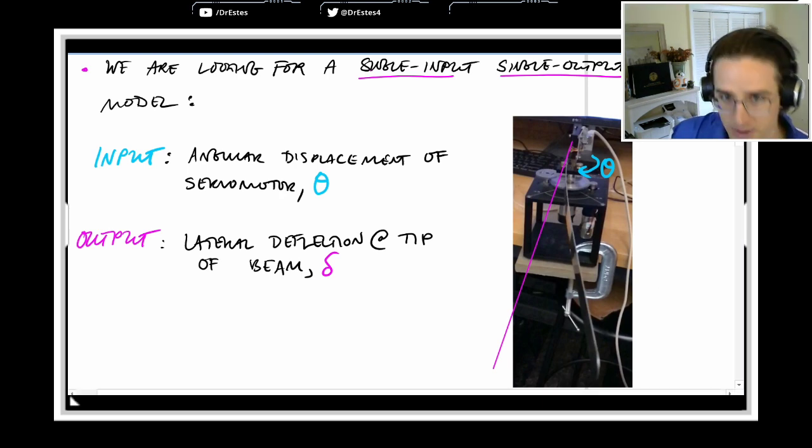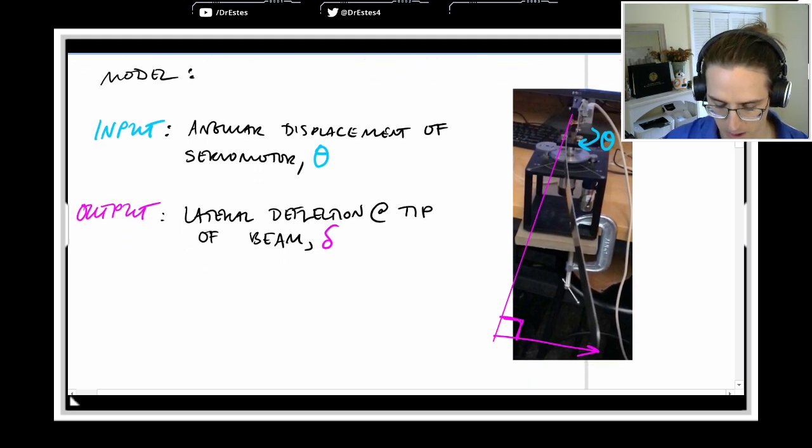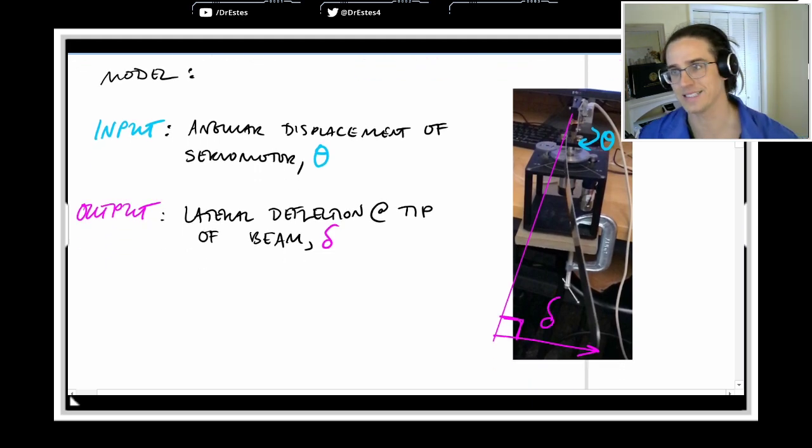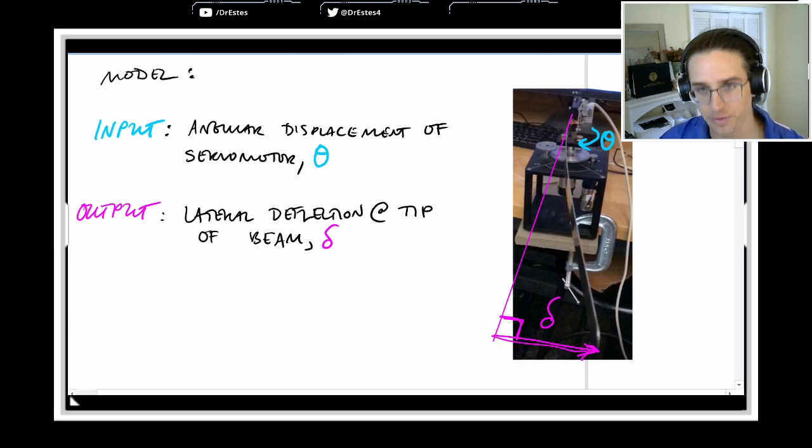So the lateral deflection at the tip is if you go to the tip of the beam and draw a perpendicular line from where it would be if it was undeflected, we'll call that delta, the lateral deflection. And it's actually interesting, like you might ask, well, okay, how do you measure this lateral deflection?